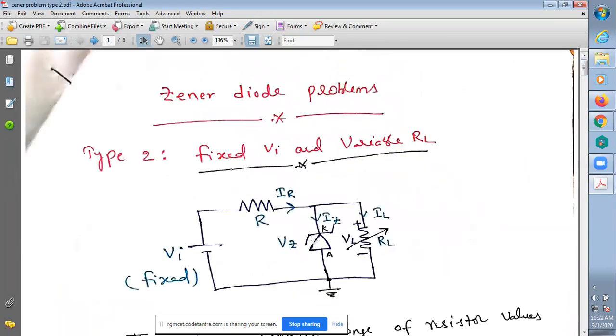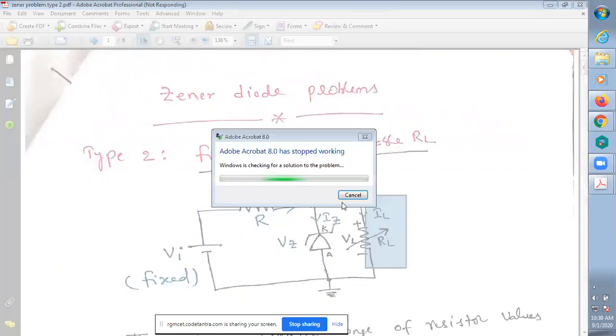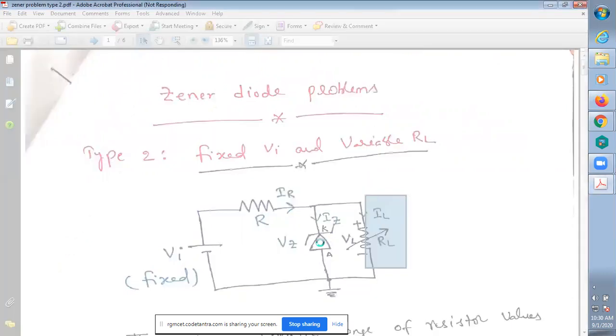While calculating RL minimum, RL maximum, and the corresponding IL maximum and IL minimum, we are assuming that the Zener diode is always in the breakdown region.